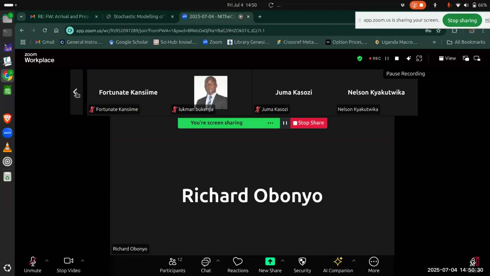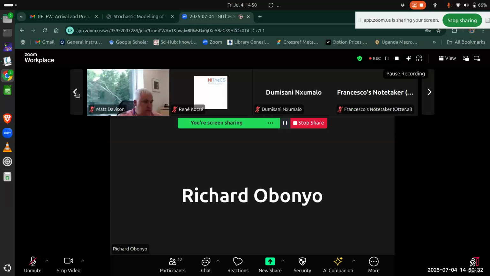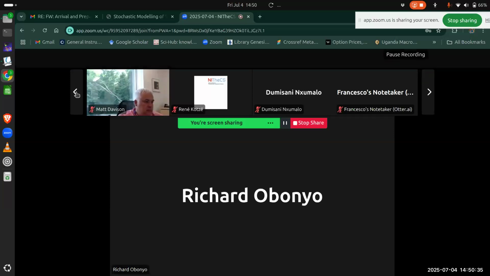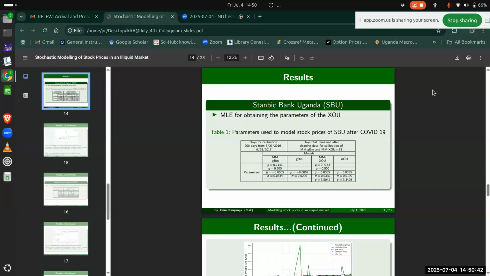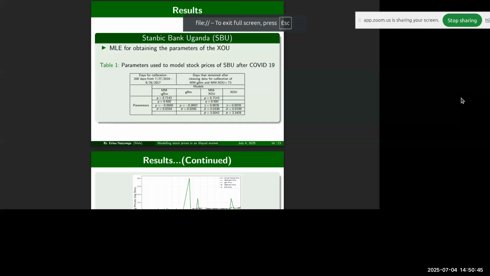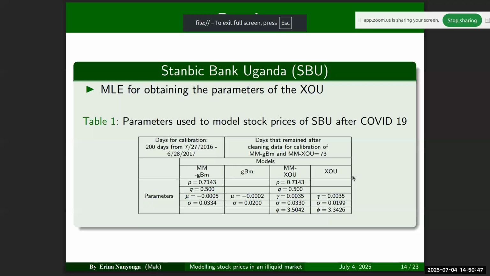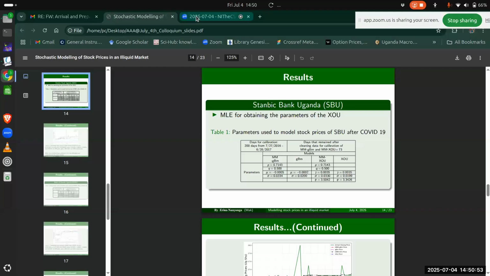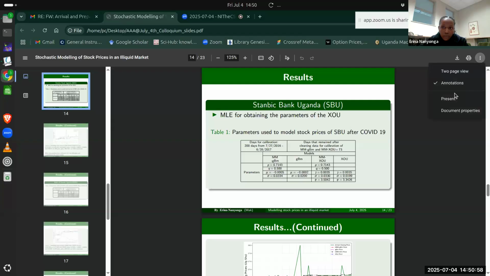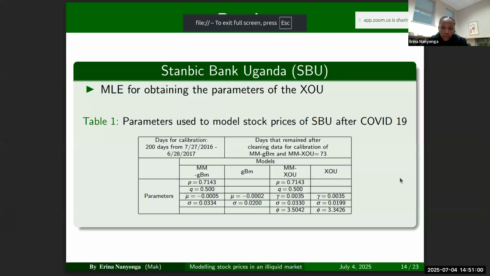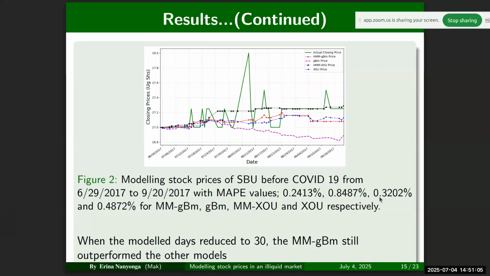And my question, when I look at the prices, for example, on that page where you had, I think, Stanbic, the chart with the prices, I think it's probably the next one, 15 here.